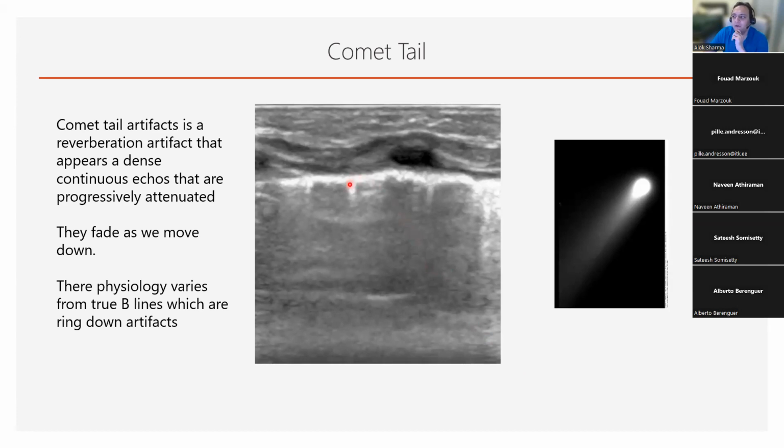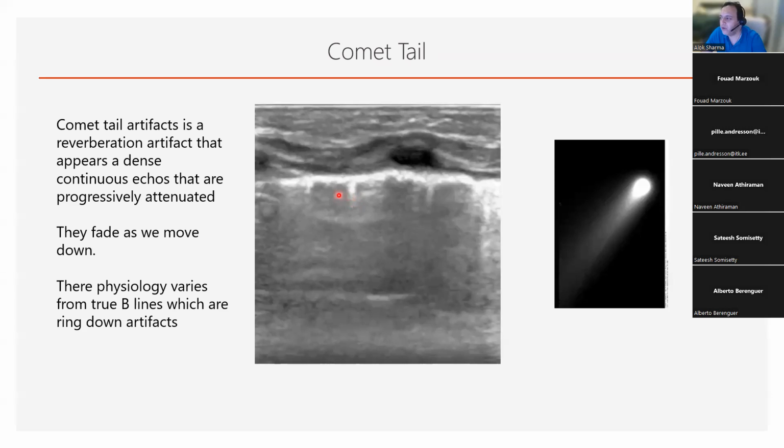And really, what you need to understand is that comet tails, also called by some people the ring down artifact, are vertical artifacts, but which do not actually reach the bottom of the lung image. They often finish above it. And the reason for that is because of attenuation.